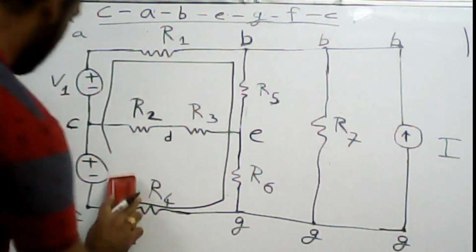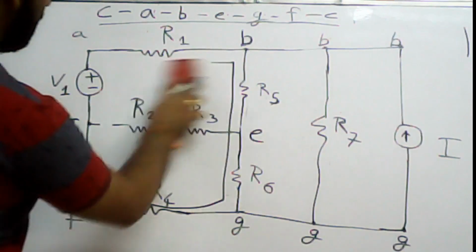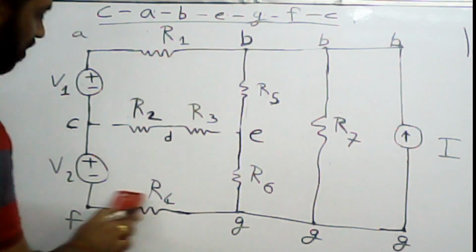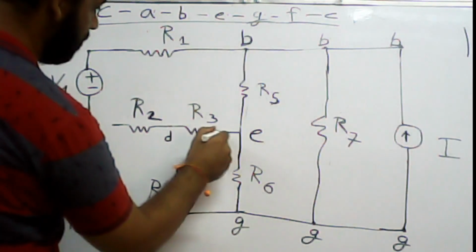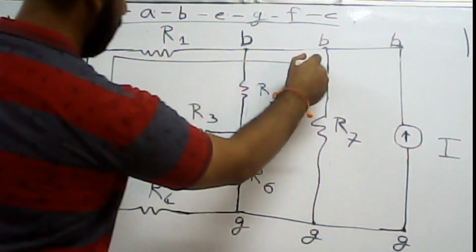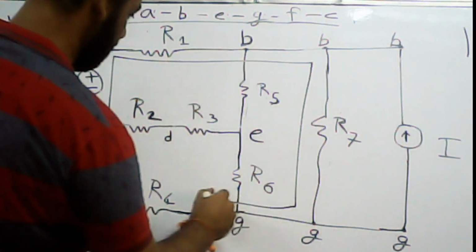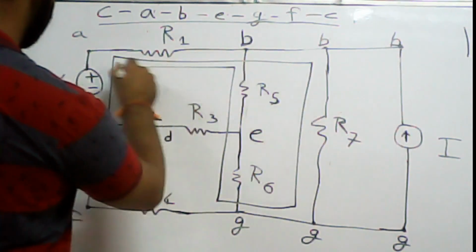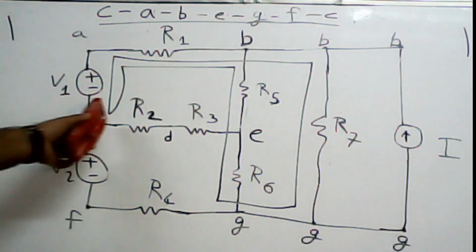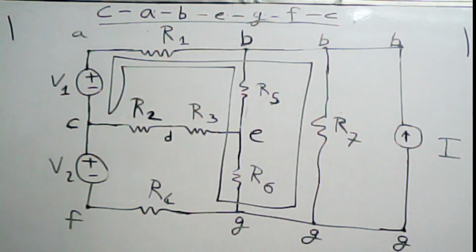But I'll tell one more example, which path we cannot call a loop. If we start from C, we go like this, like this, like this. Here also, this path is starting from C and ending at C. But what is the problem?